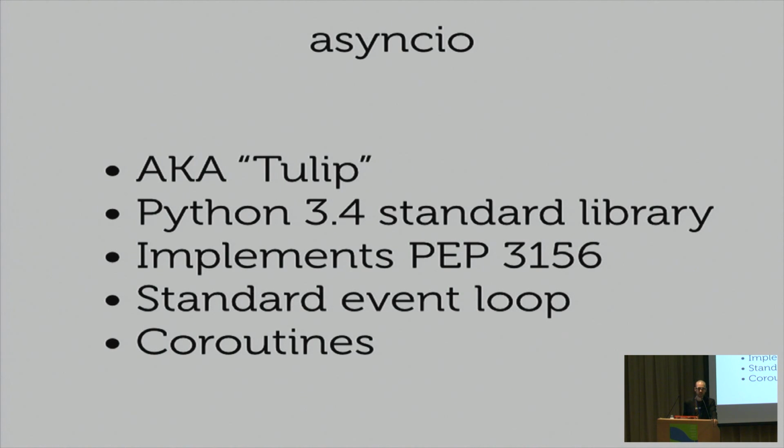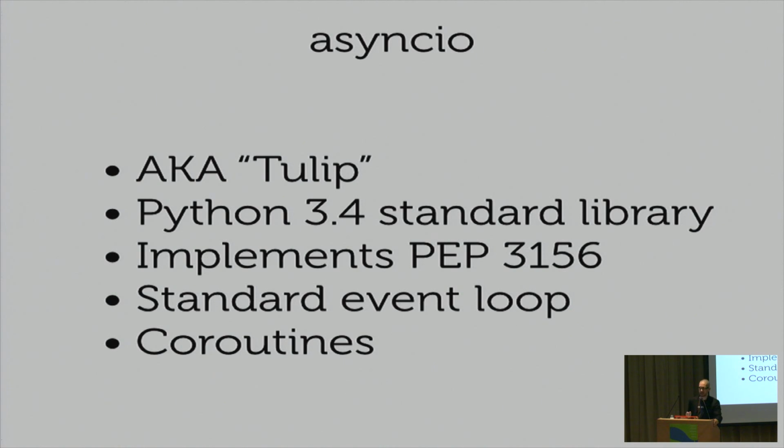It was written by Guido van Rossum and a bunch of other Python core contributors, including me. I wrote a little bit of it, and I'm very proud of that. It implements PEP 3156, which is a few pages long, and it's actually a really good read. It describes what problem asyncio is trying to solve and how it solves it and what the specification is.